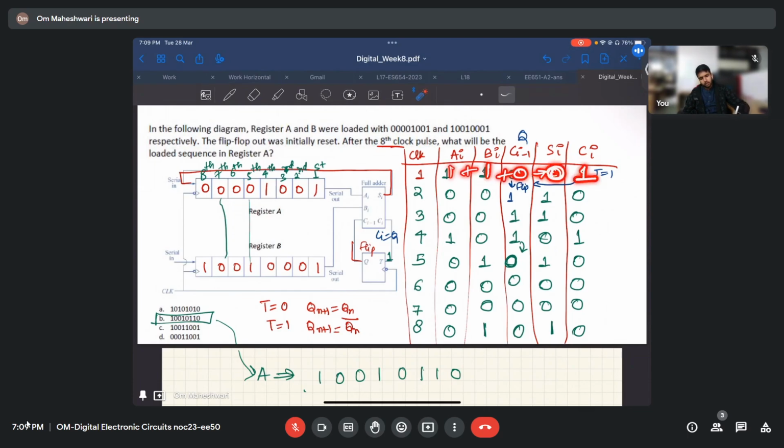So now this 0 will go at the back here, right? And since carry is 1, this carry is connected to a toggle flip-flop. In a toggle flip-flop, whenever T equals 1, the output is Qn bar. Qn was Ci minus 1, which is Q, so the output will flip to Q bar. 0 will flip to 1. This is what we were repeating. Please see it once, then we will move ahead.